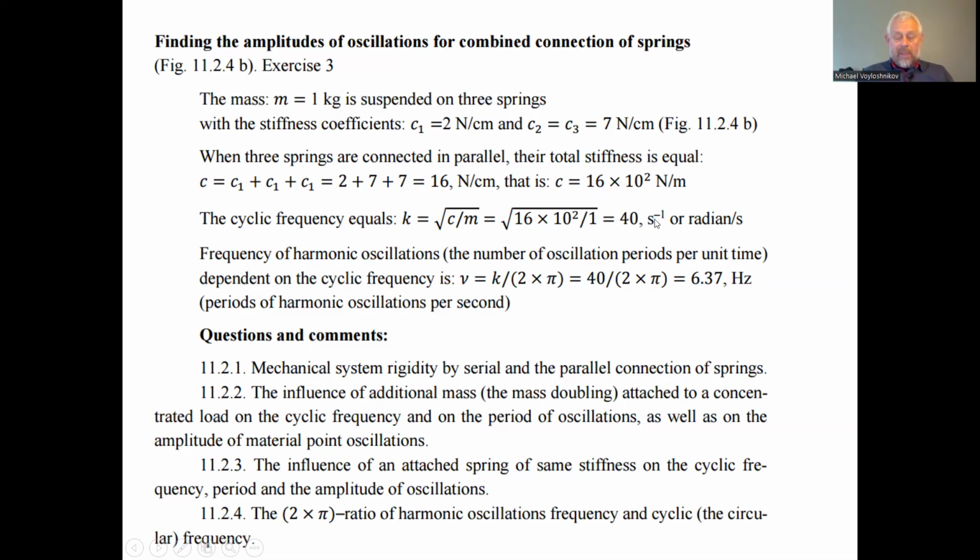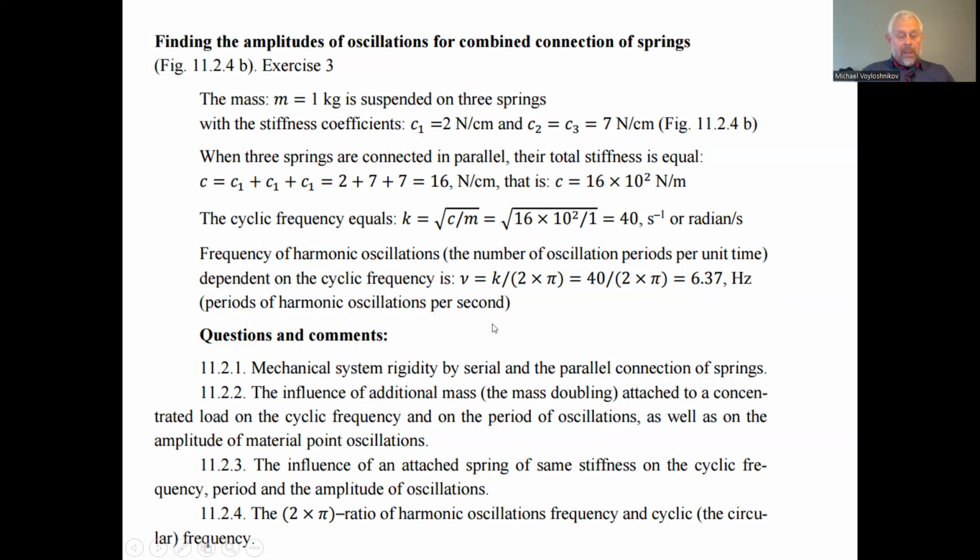For the cyclic frequency, the dimension is radian per second. We indicate radian just as the unit of the angle, and per second means that second is in the denominator, that is, second to the power of minus 1. And this is the number of the cyclic periods of the oscillation per unit of time. Hertz is the unit of periods of harmonic oscillations per second.